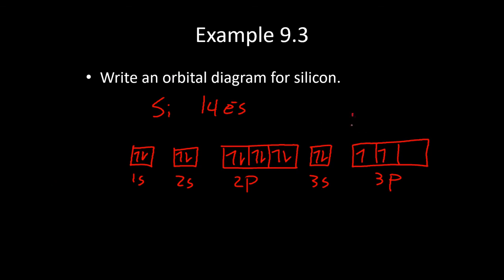When you did this, if you did 13, 14 in the same orbital, that is incorrect. Again, remember Hund's rule. Put them in singly first with parallel spins. Give them their own orbitals if you can. Electrons like their space.